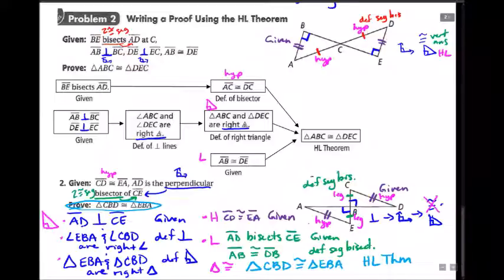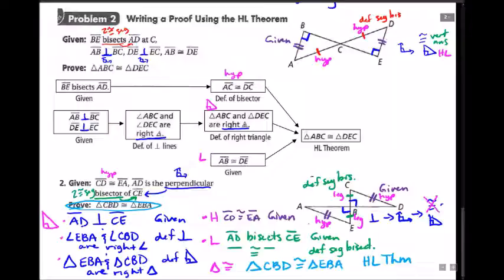My next requirement is to have congruent hypotenuses. Well, my hypotenuses were given to me, so that one was easy. And now I need congruent legs. Well, this is where the other half of my given comes in. I know that segment AD bisects segment CE. That was just given to me. And that lets me say that segment, oh, I wrote those wrong. Sorry. Used the wrong letters.